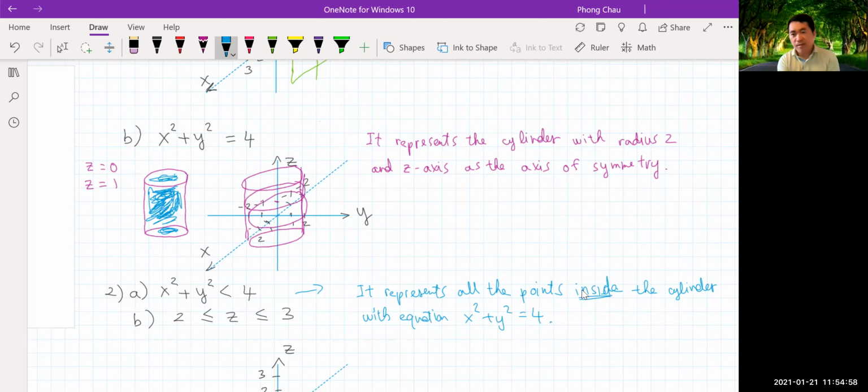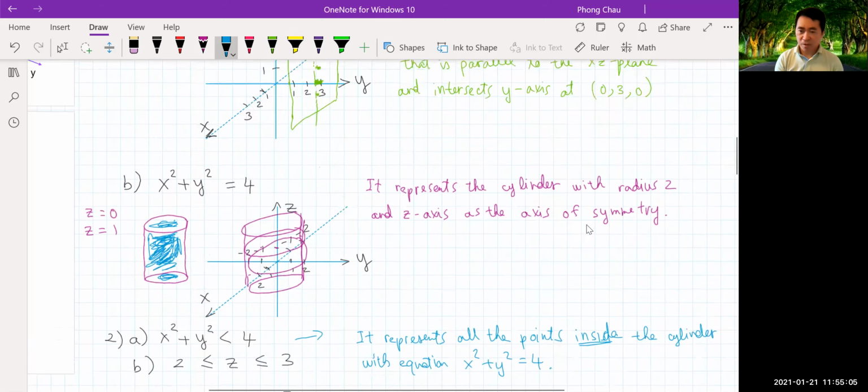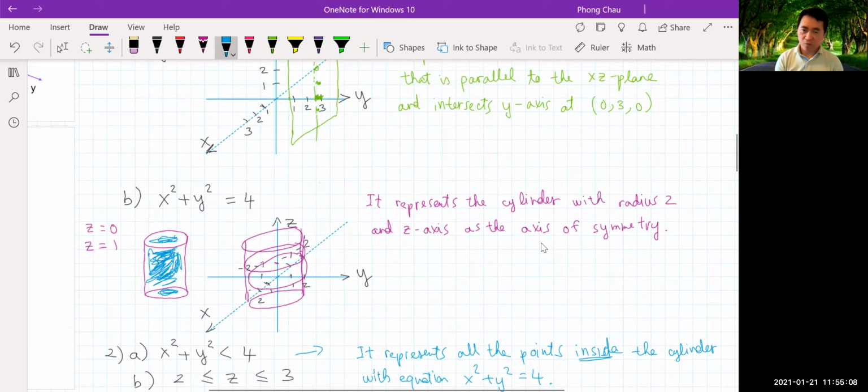So what I mean is it's really the points inside the cylinder with these equations, but without the cylinder, I described it up here. Okay, so radius 2 and the axis of symmetry is the z-axis.